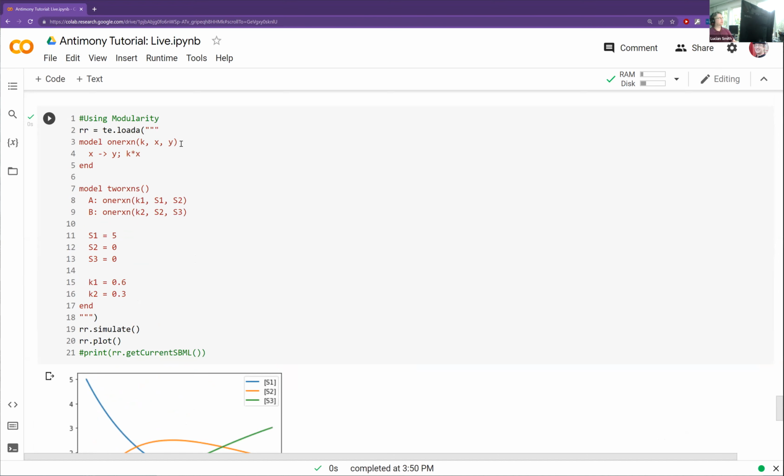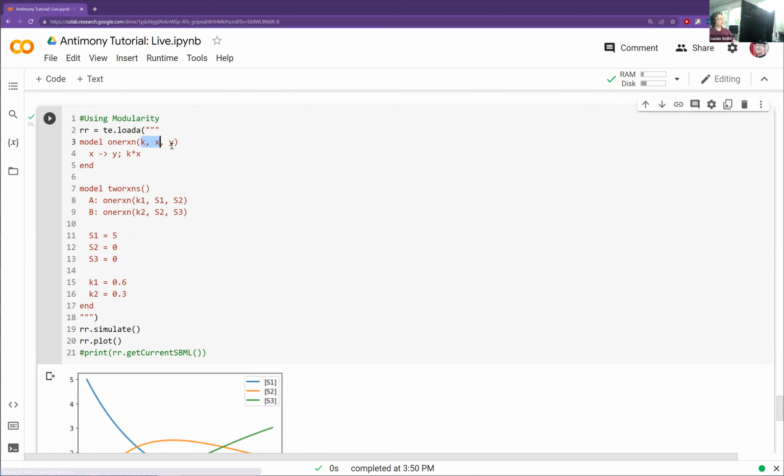I've imported things, and the way the interface works is that these are, in SBML, called ports, but here they are obviously arguments to the different submodels. So we're pulling in this one reaction submodel, and we're giving it these arguments just like it had up here.